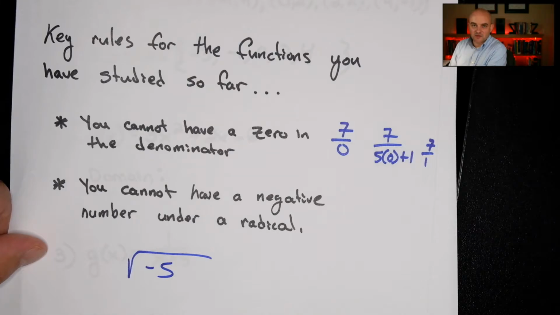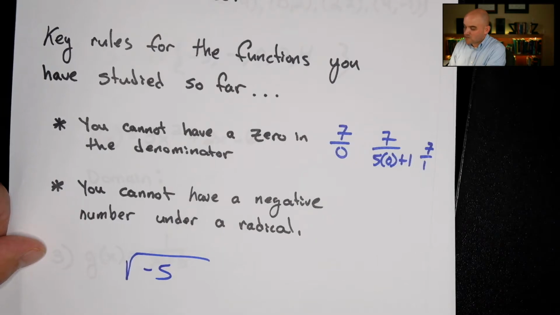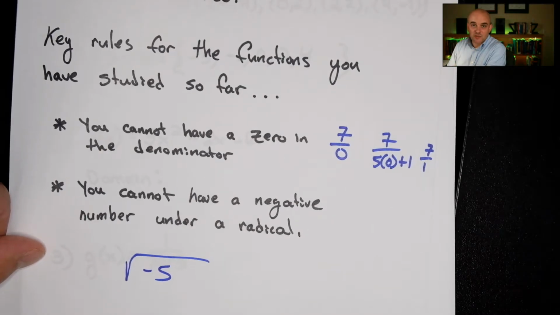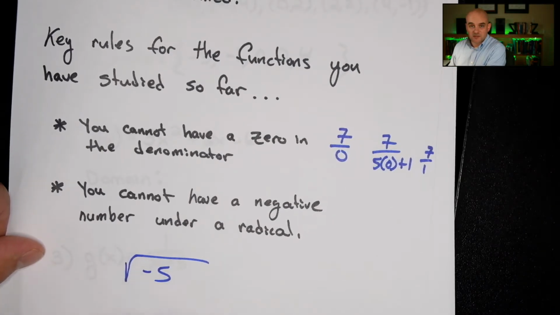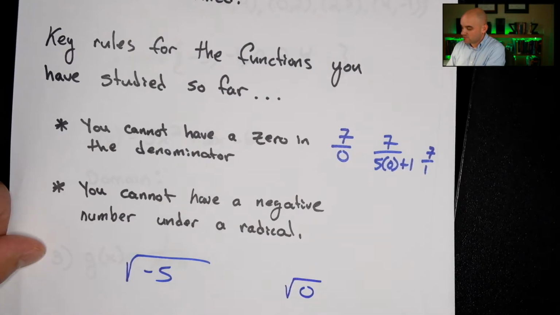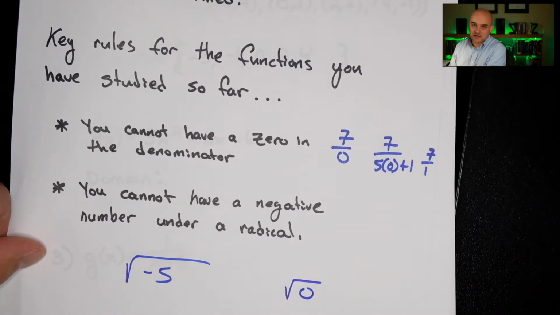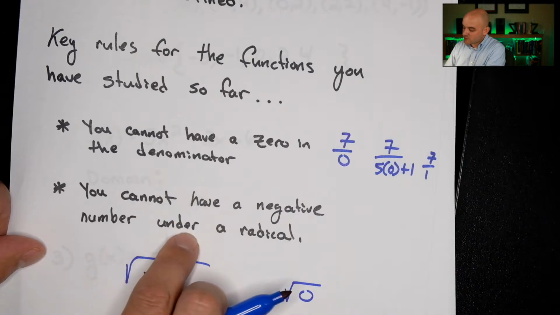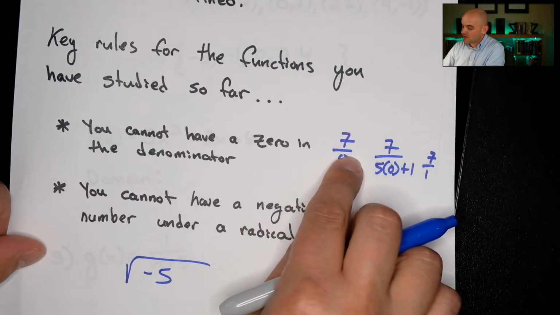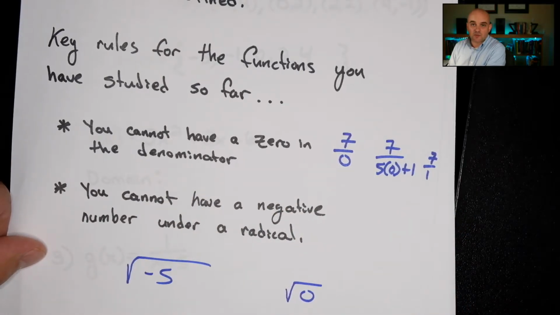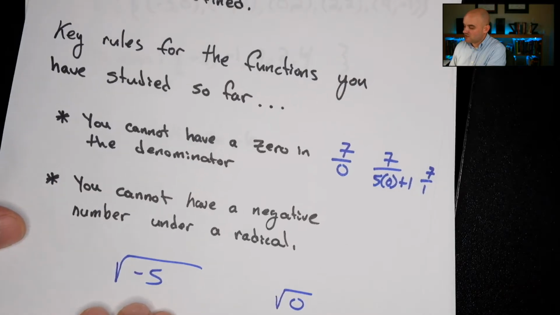Yes, I know you might have learned about imaginary numbers, but we're just talking about real numbers. So a radical should throw up a red flag and say, better not be negative. It can be 0, like you can take the square root of 0, that's okay, but it can't be less than 0. So these are the two we're focusing on. We should be keeping an eye out for fractions and keeping an eye out for radicals to make sure that we don't have any domain errors.